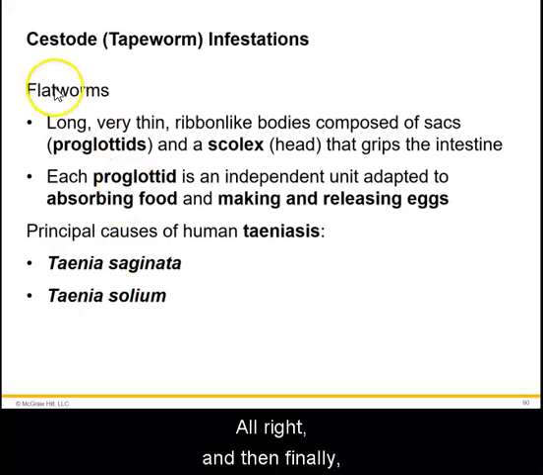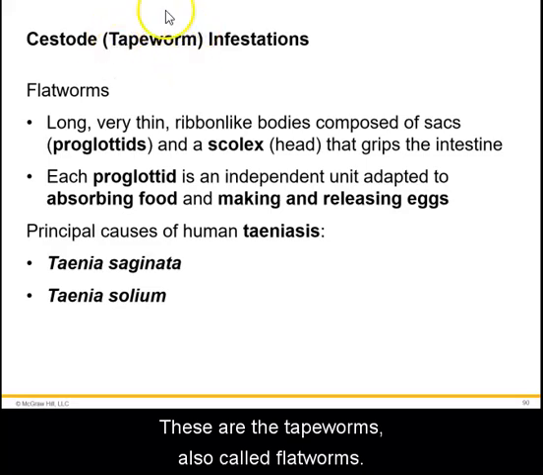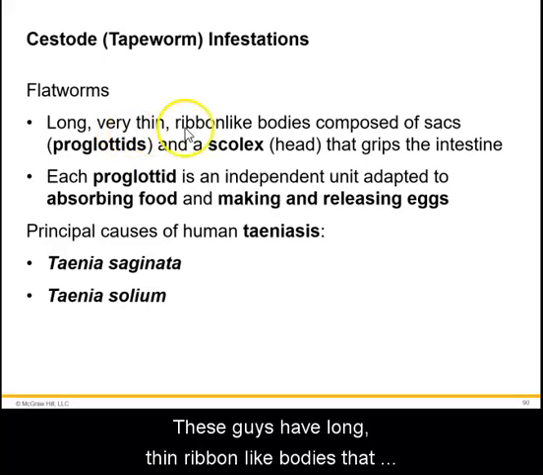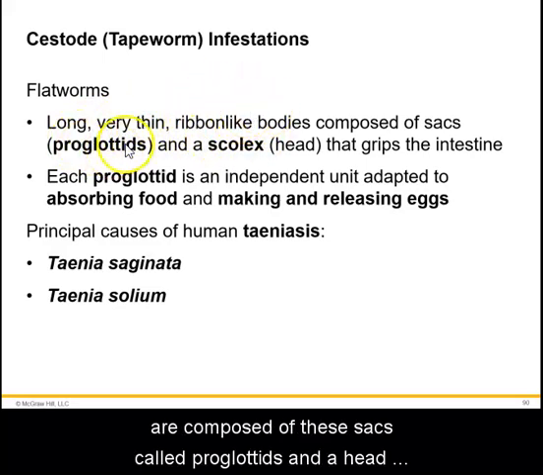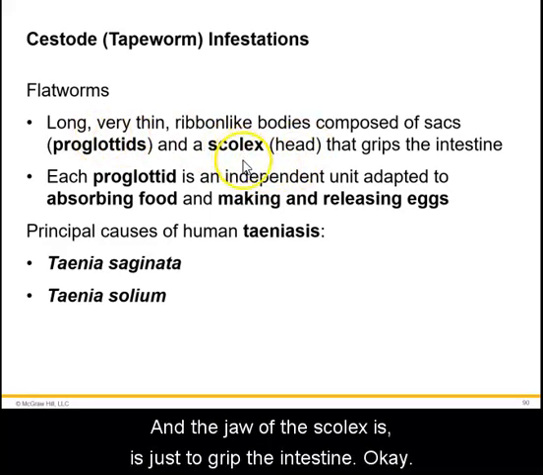All right, and then finally, let's talk about the cestodes. These are the tapeworms, also called flatworms. These guys have long, thin, ribbon-like bodies that are composed of these sacs called proglottids and a head that's called a scolex. And the job of the scolex is just to grip the intestine, okay?